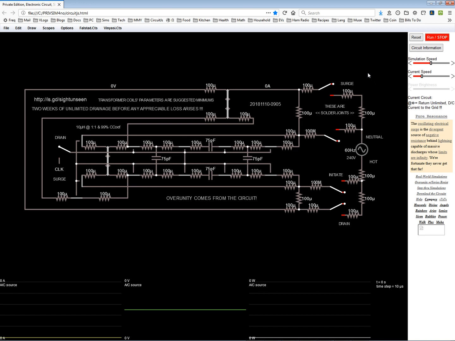I have to put a resistor alongside a battery. I didn't put any resistor alongside the source here. Maybe I should have. I did put it when initiating the circuit, but there is some resistance in a source, so actually this resistor here should be raised a little. Let's make it 1 milliohm.